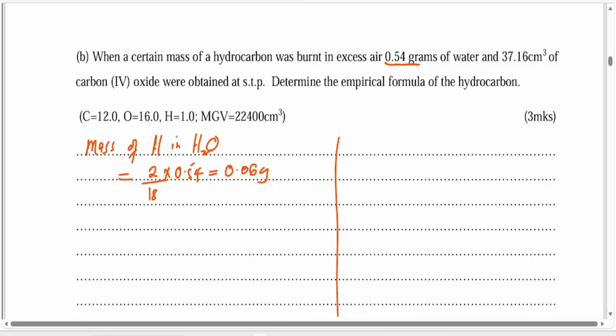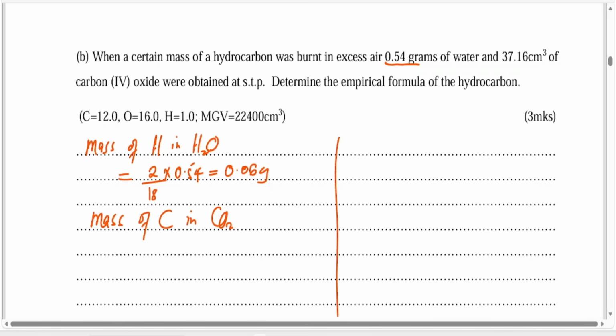Then how do we determine the mass of carbon in carbon dioxide? We are going first to determine the mass of carbon dioxide. Because we are given the molar gas volume, we are going to determine the mass.